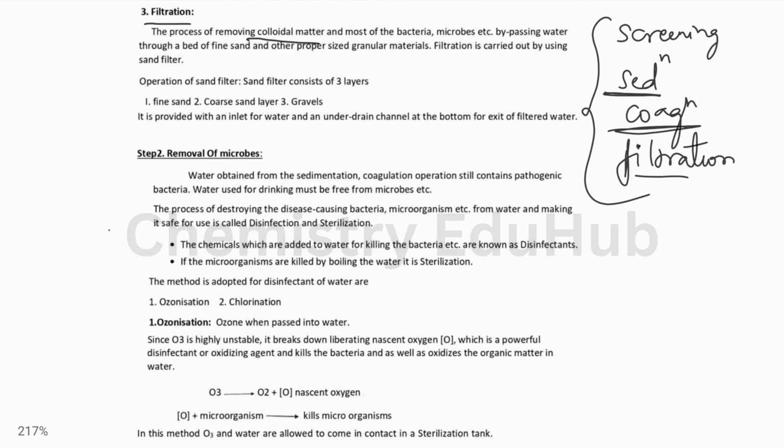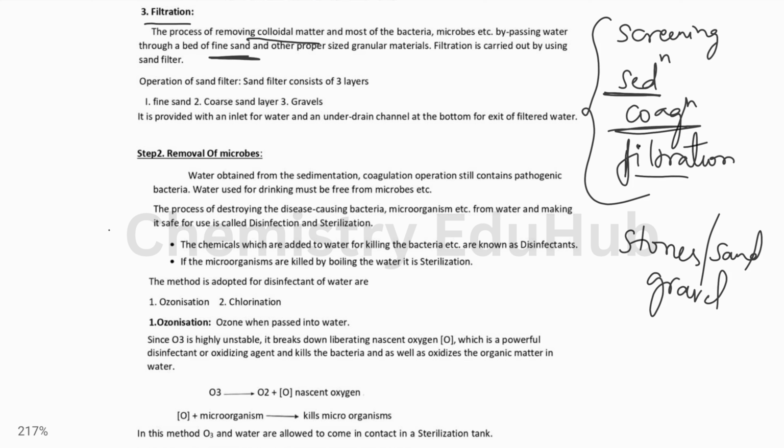It is the process of removal of colloidal matter and most of the bacteria or microbes by passing the water through fine sand. Generally, when you go to any water body, the stagnant water will be more contaminated compared to running water, because running water will have a lot of stones, sand particles or gravel in it.